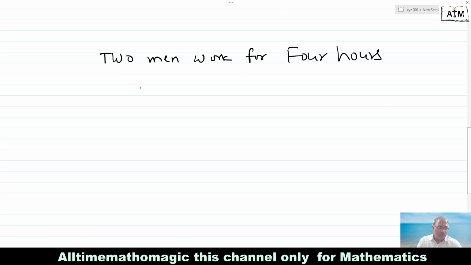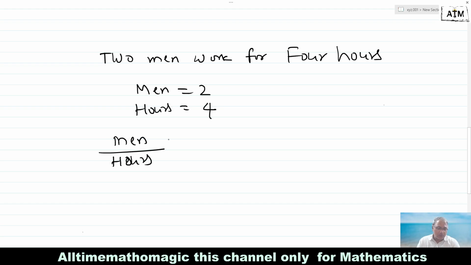Now in this one, the number of men equals 2 and the number of hours equals 4. So men divided by hours equals 2 upon 4. If you cut it down, it equals 1 upon 2. This can be written as 1:2.